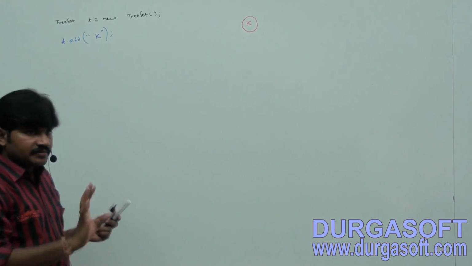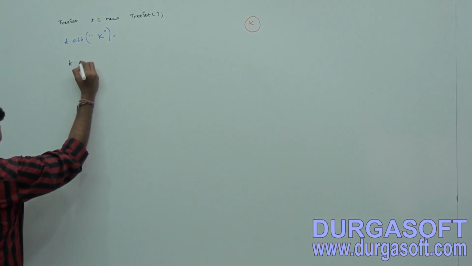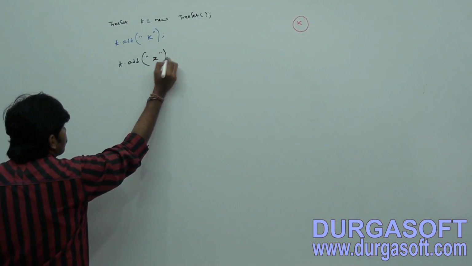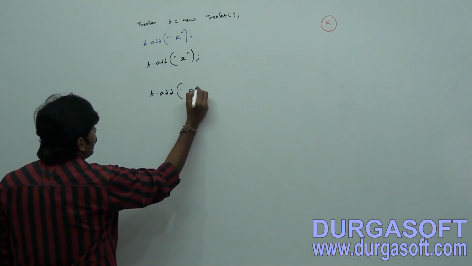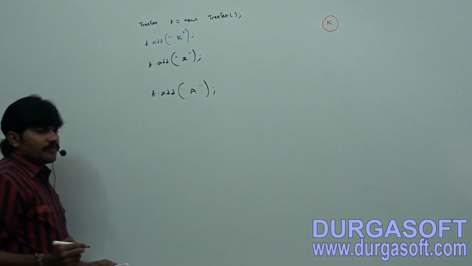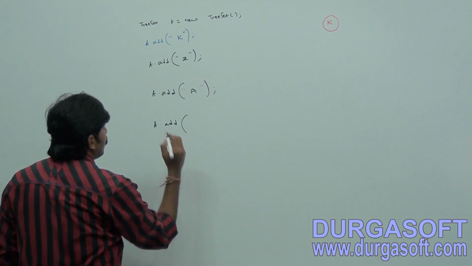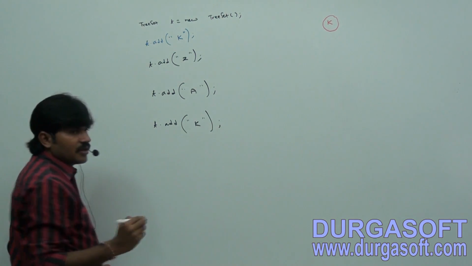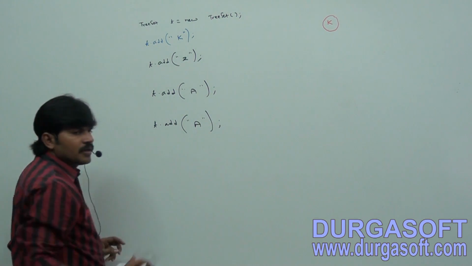K is added to the TreeSet. Now t dot add of Z I am taking. Next t dot add of A, and then t dot add of K, or otherwise t dot add of A. Are you getting?